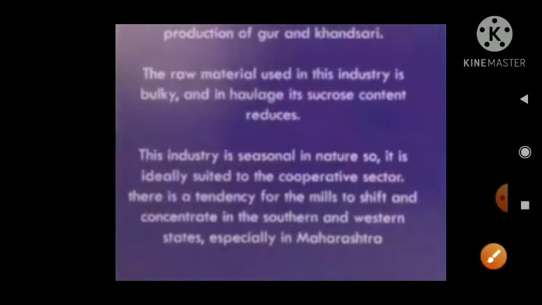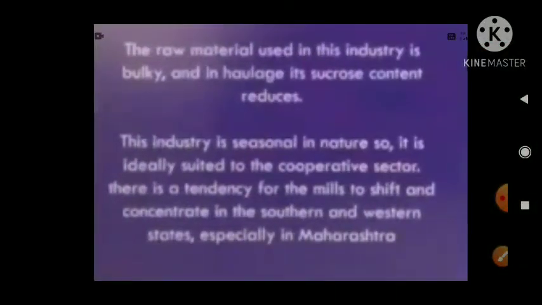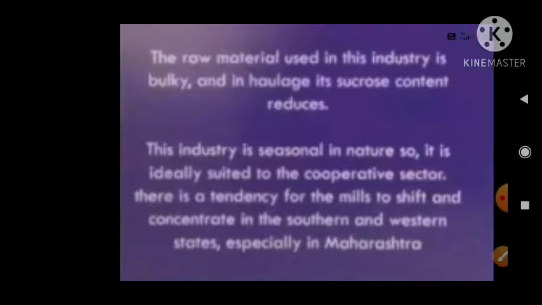Are you getting it? The mills are mostly found in Maharashtra, western states, and southern states in India. Are you getting it?